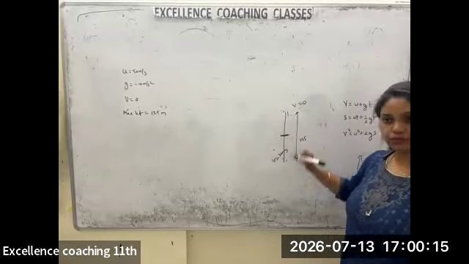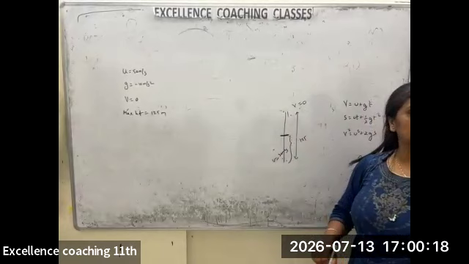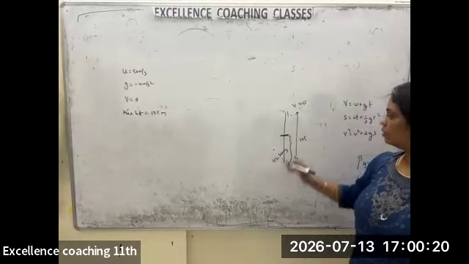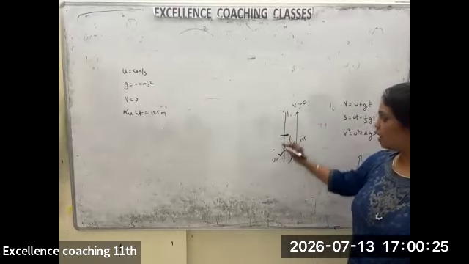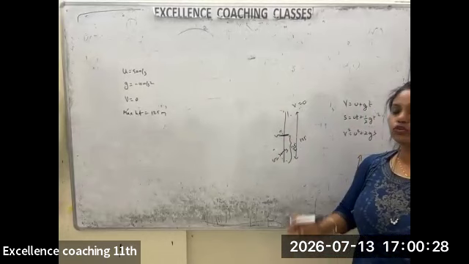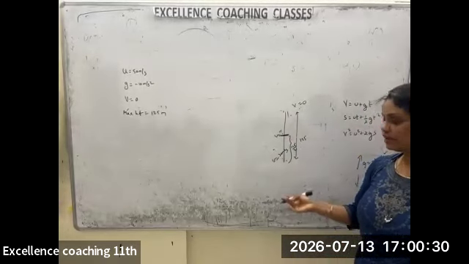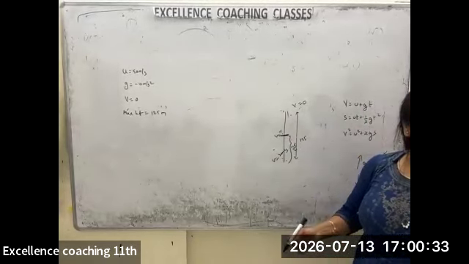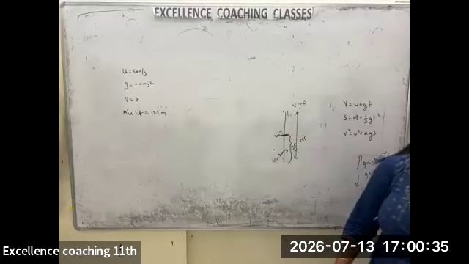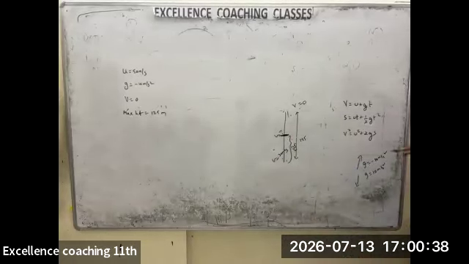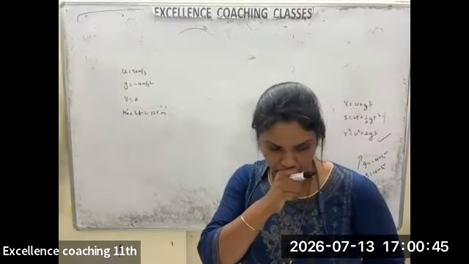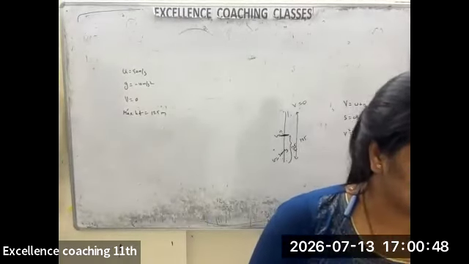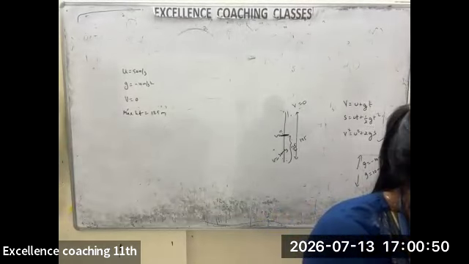Half means we have reached here, so what is the distance? 125 divided by 2. Correct. So you know the distance, the acceleration due to gravity, and the initial velocity. You have to find the final velocity. Which formula again? Time is not given, so we have to use the same one. All these terms you know, so find it out. 62.5 it will be. Just check.